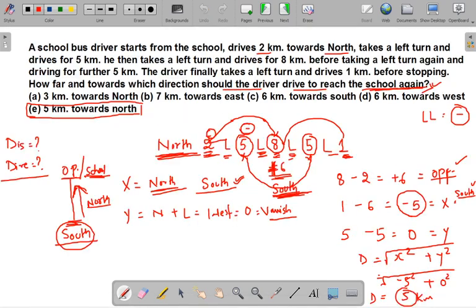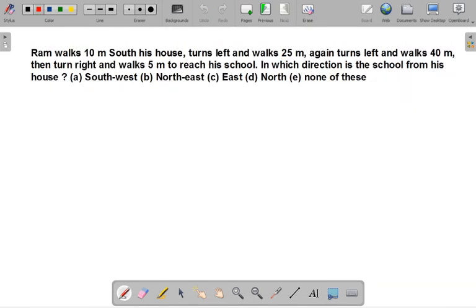Next problem. Ram walks 10 meters south from his house. Turns left, walks 25 meters.